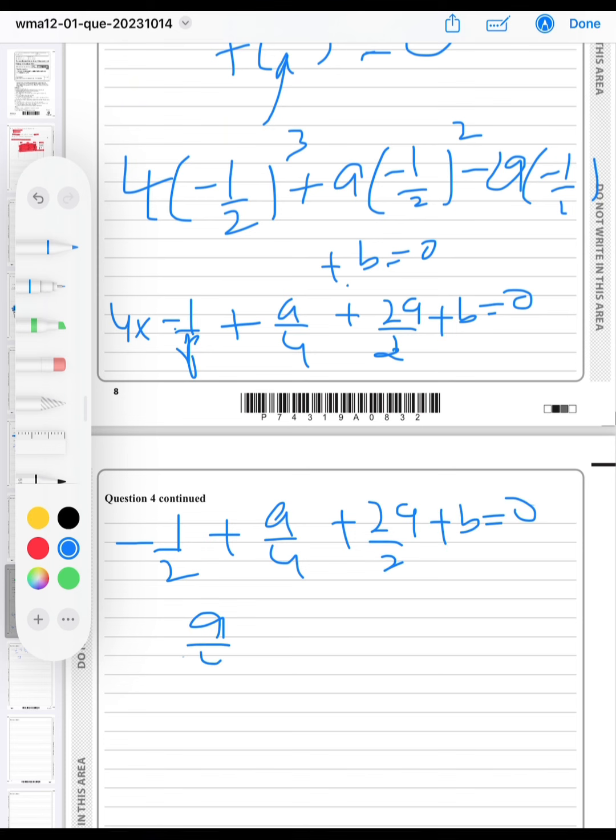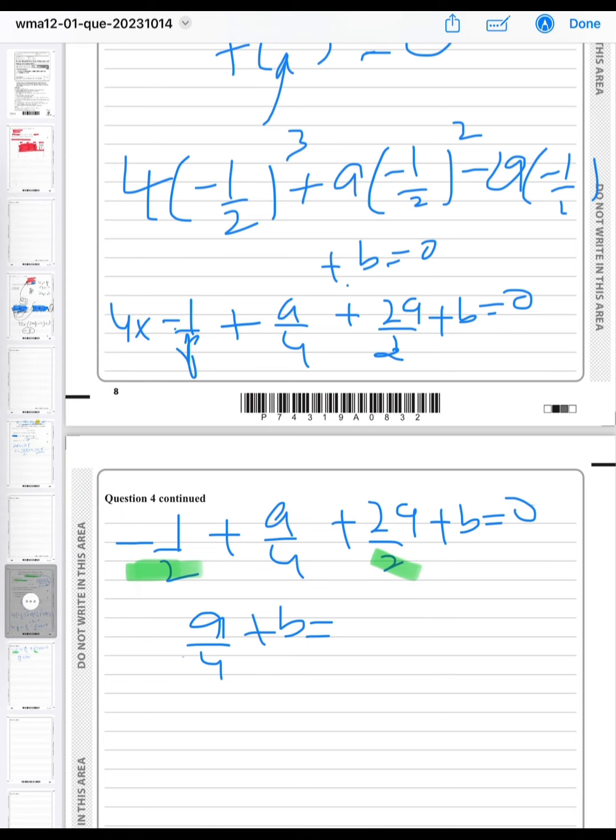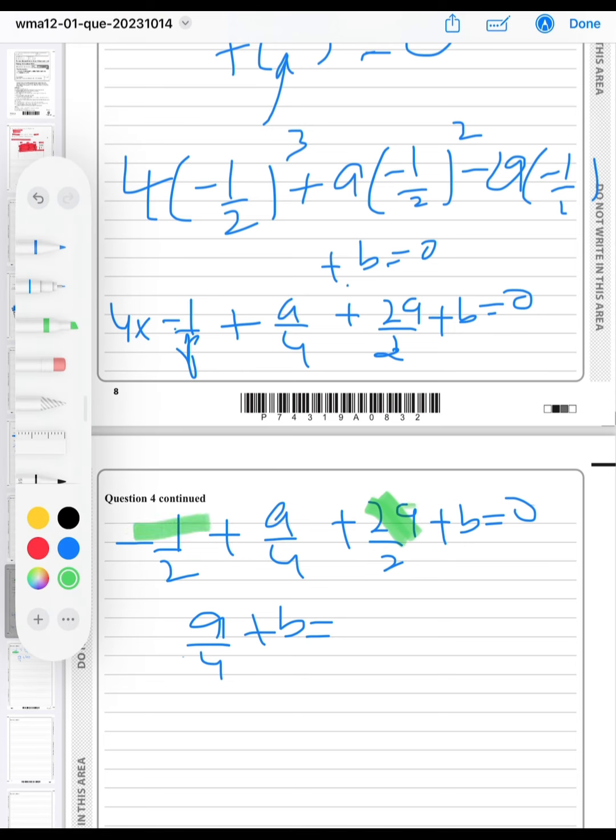So a upon 4 plus b equals, since the denominators are the same, we will just solve the numerators. This will turn to 28 upon 2. Moving this to the other side, 28 upon 2 will be 14.